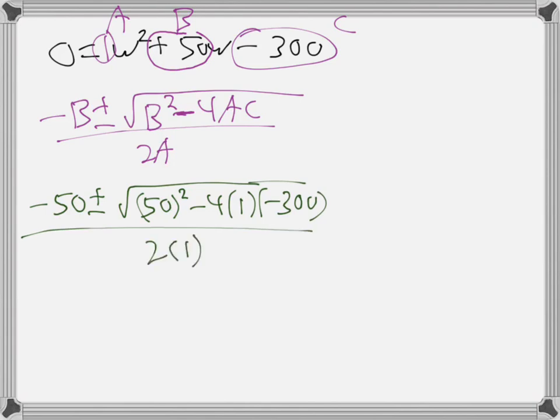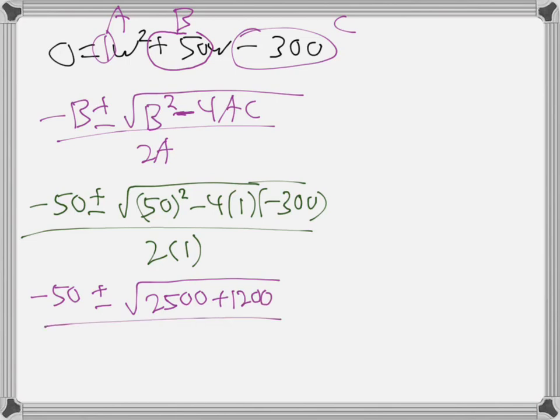So it's minus 1450. Did you all get 3,700 in there? Yes. Where did I get 37? Watch your signs. 2 negatives makes positive, right?